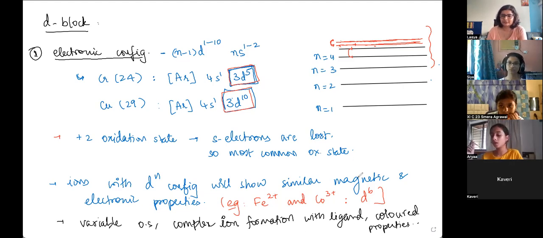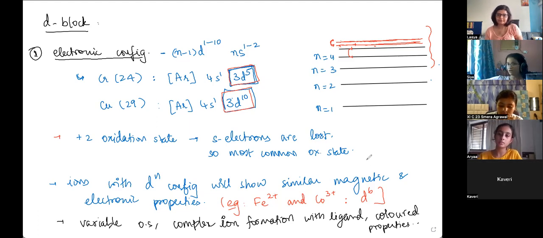And what did you say about D block elements having variable oxidation state? You said something about unpaired electrons also forming bonds. Because they have unpaired electrons and vacant orbitals, these electrons are available for forming chemical bonds.